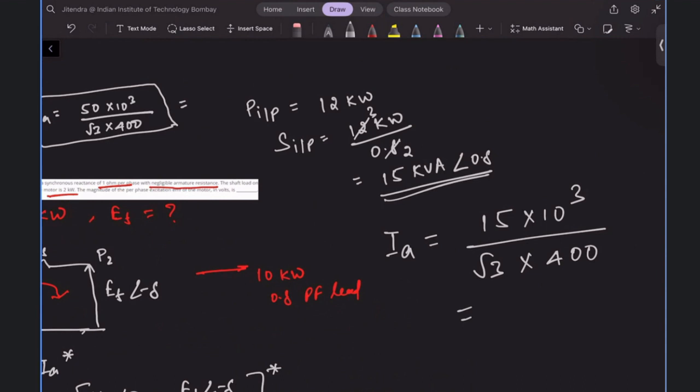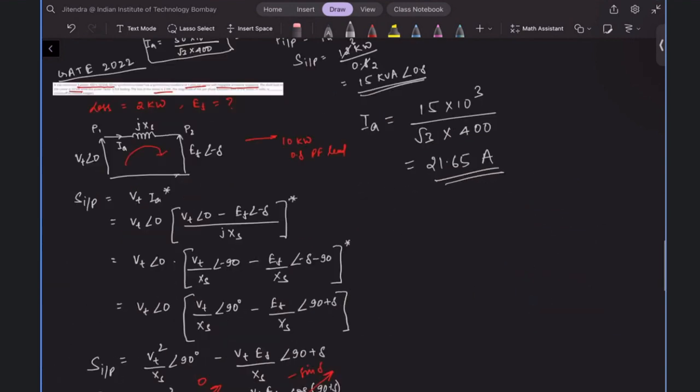That will be how much it will give? 15,000 divided by root 3 into 400. How much? Could you please repeat? 21.650. 21.65 amps it will provide you.